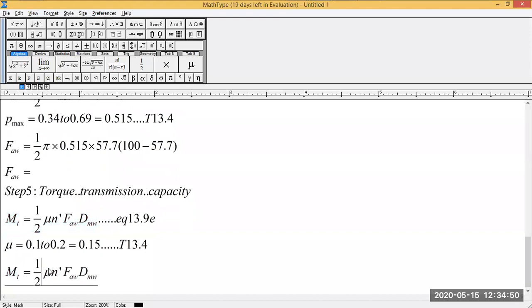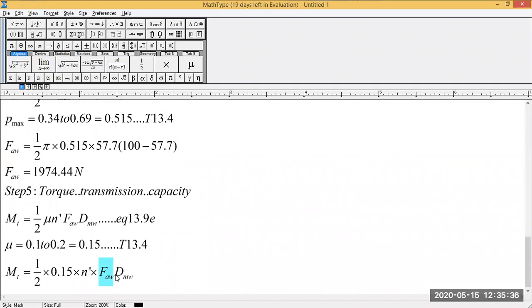So we have phi, mu 0.15, into n dash, which is required to be found, into FAW, what we found out: 5 into 0.515 into 0.7 into 100 minus 5. I'm getting 1974.44 newtons.